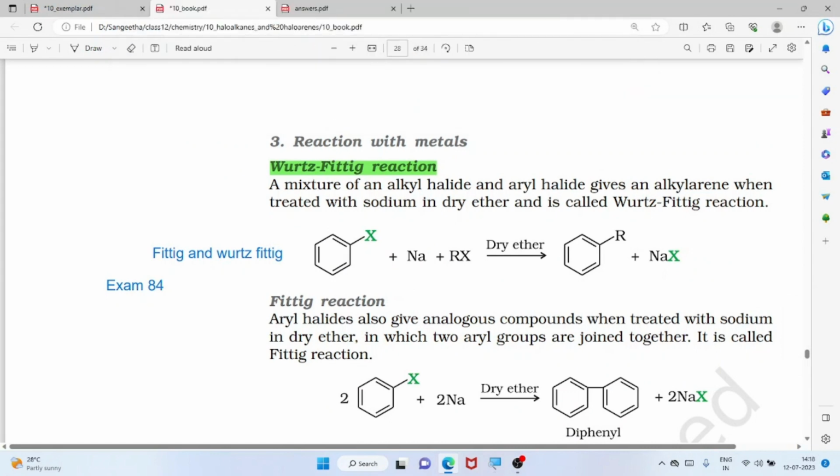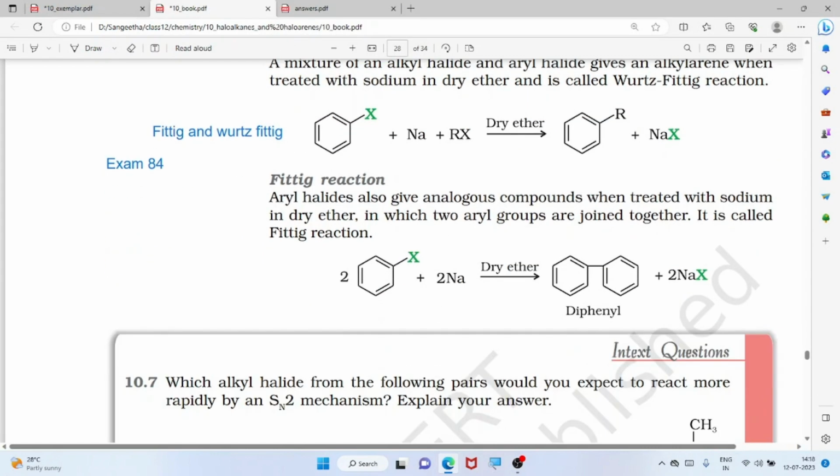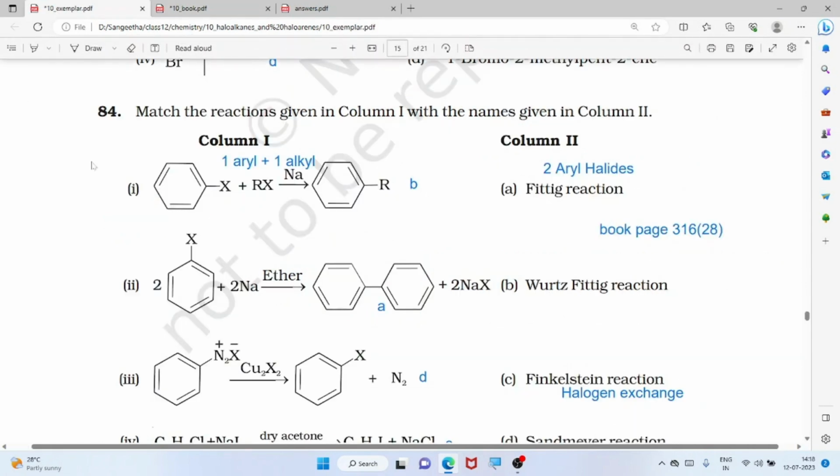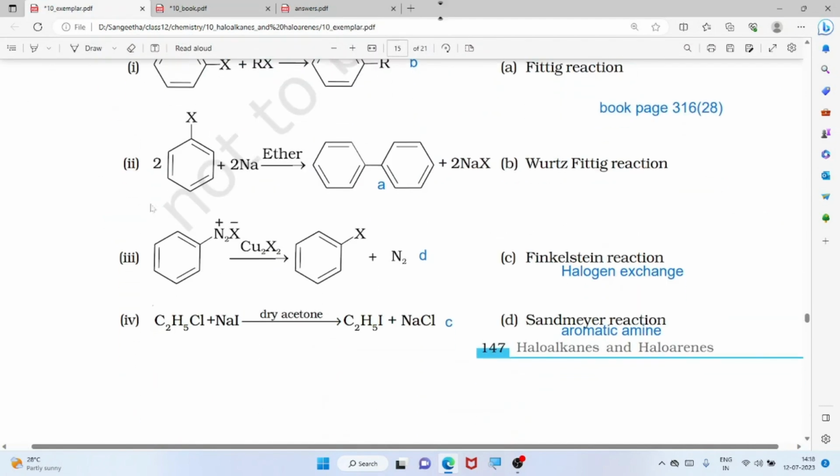Okay, this reaction and this reaction, so you can go through this. What are we using here? Two aryl halides. So here, a mixture of the alkyl halide and aryl halide. This is the Sandmeyer reaction.